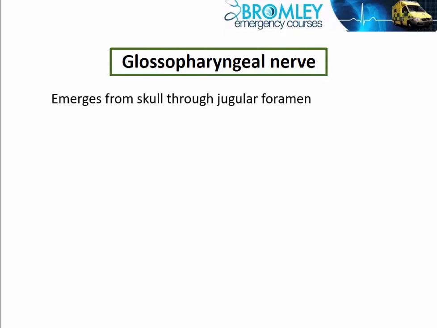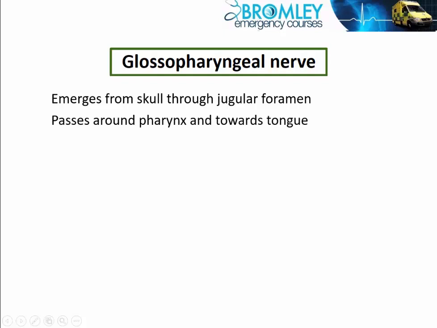The glossopharyngeal nerve is the ninth cranial nerve, leaves very close to the vagus and to the accessory. So the 9, 10 and 11 all leave the brainstem very close together, and they all pass through the jugular foramen into space below the skull.